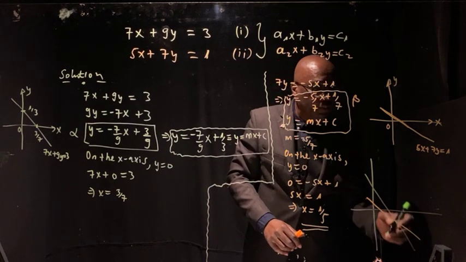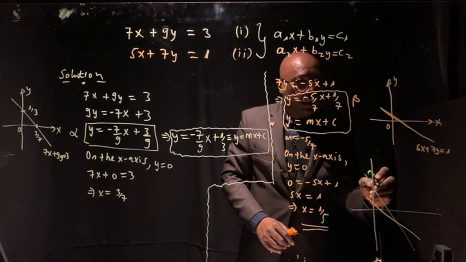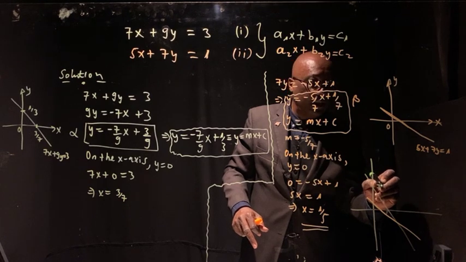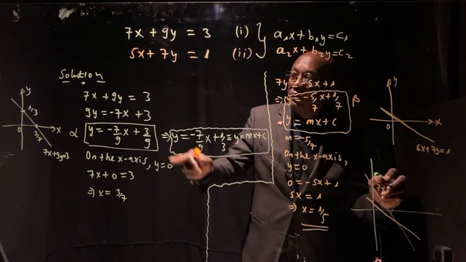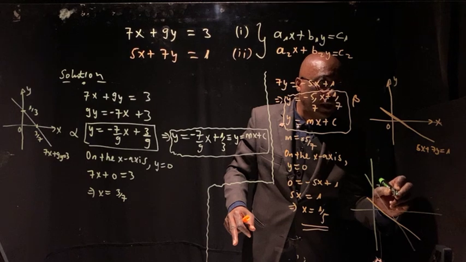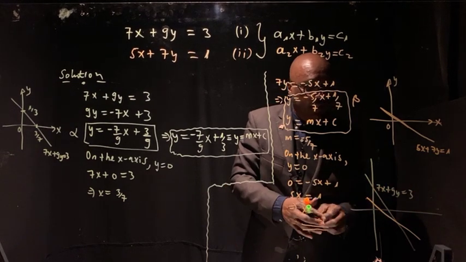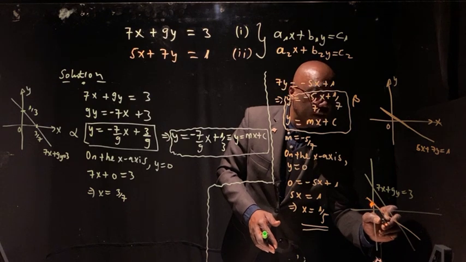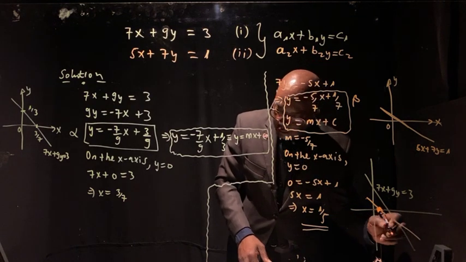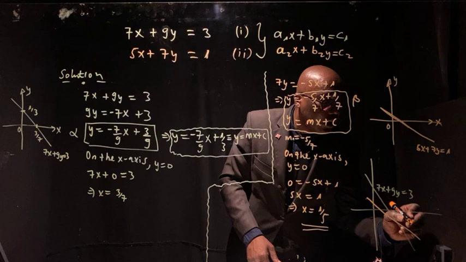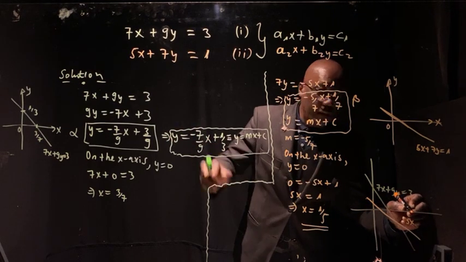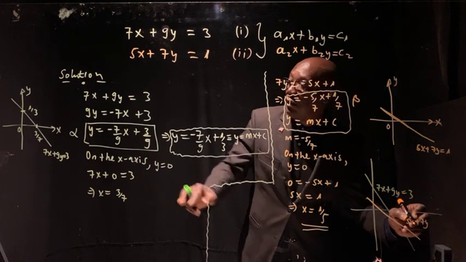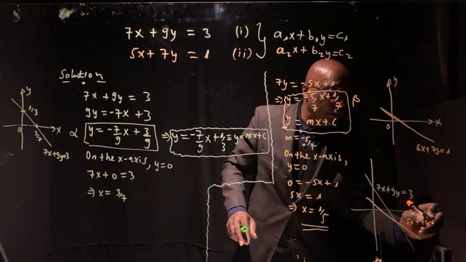This is the line 7x plus 9y equals 3, and this one is 5x plus 7y equals 1.